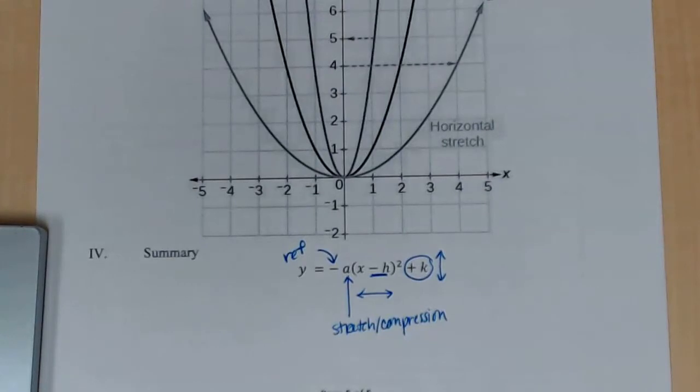So at the end of the day, when you're trying to sum all this up and you're trying to get ready for the exam, this is how I'm going to approach it. I'm going to say, given this problem, what happened to it? And you're going to have to select all that applied. Did it reflect? Did it move left? Did it move right? Did it move up? Did it move down? Did it have a stretch / compression? So I'm not going to make you go down in detail and say it's a horizontal compression by 0.2.